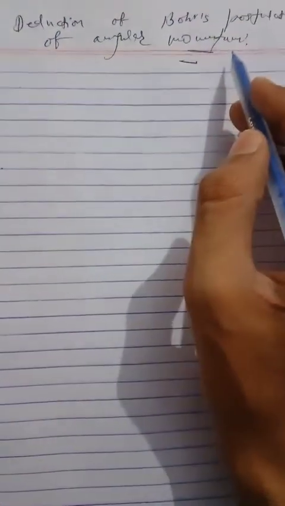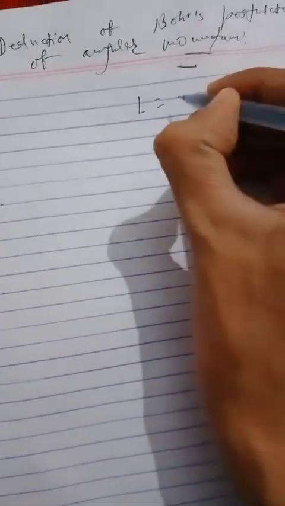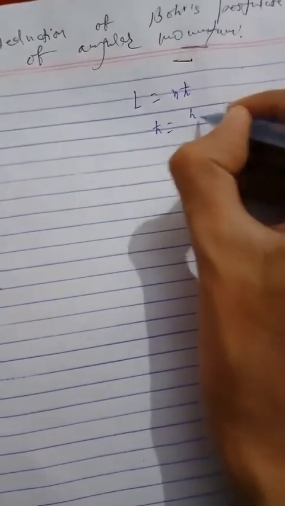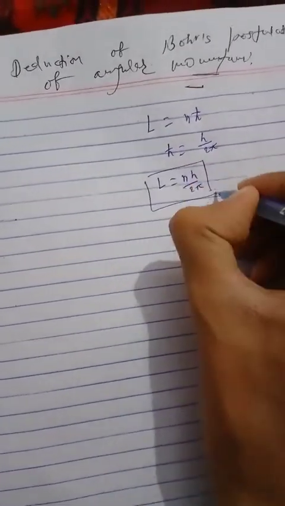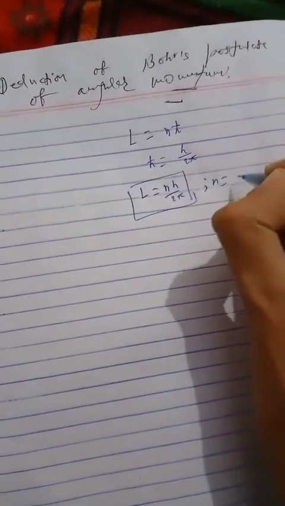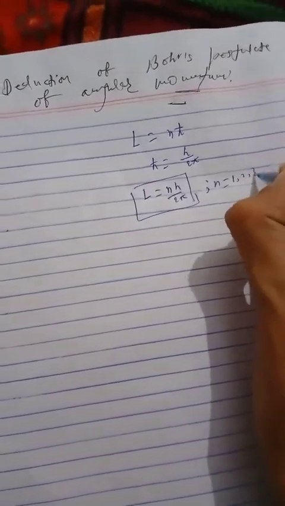This is Irfan. In this video, I am going to deduce Bohr's postulate of angular momentum, which states that the angular momentum of an electron in a hydrogen atom is equal to integral multiples of h bar. And h bar is equal to h upon 2 pi. So L can be written as nh upon 2 pi, where n is an integer whose value is from n equal to 1, 2, 3 up to infinity.